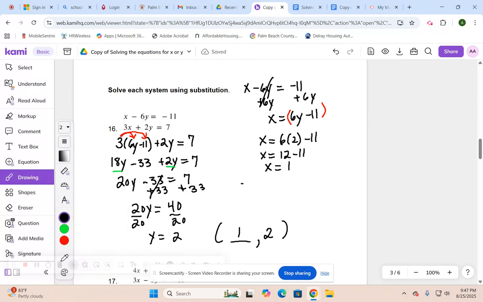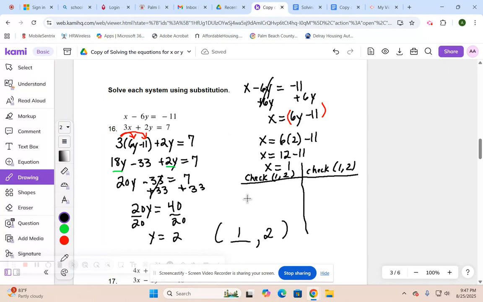So let's do that. All right, so we are checking the solution 1, 2. We're going to check in both equations. We'll copy this form here.